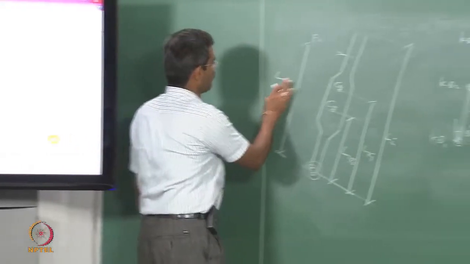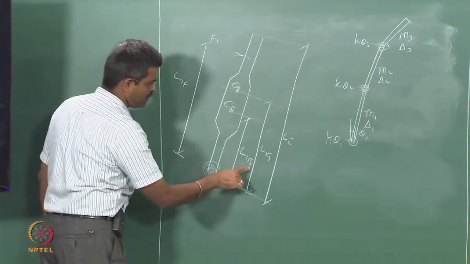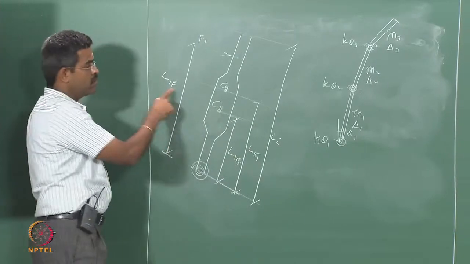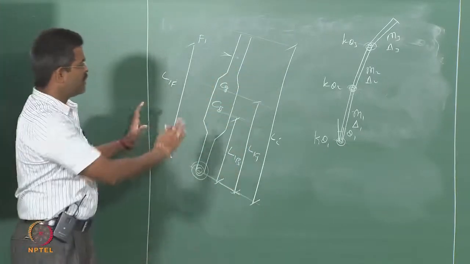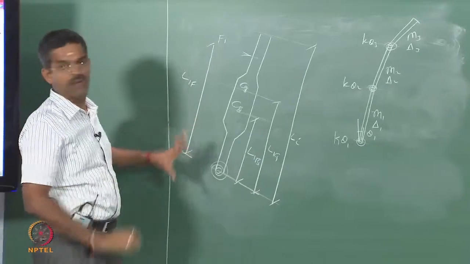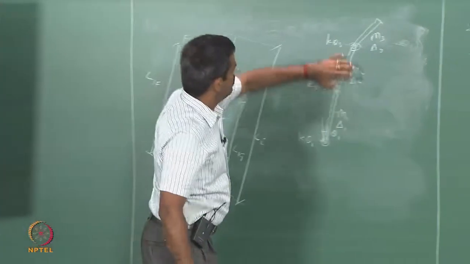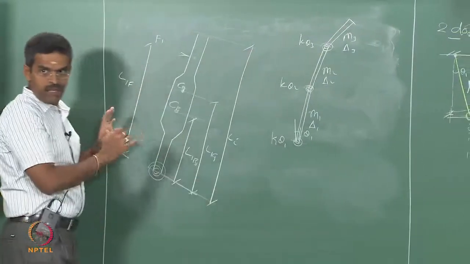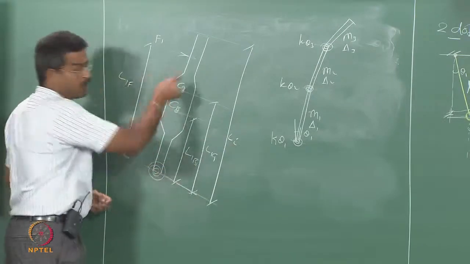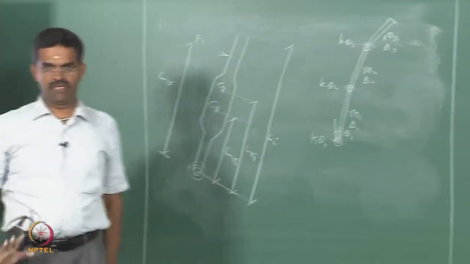Can even say L1F for maintaining the similarity, L1B, L1G, L1F and L1. It is a typical configuration or geometric configuration of a member. Similarly for member 1, member 2, member 3 all will be same, except that the suffix 1 will be replaced by 2 and 3 respectively, okay.